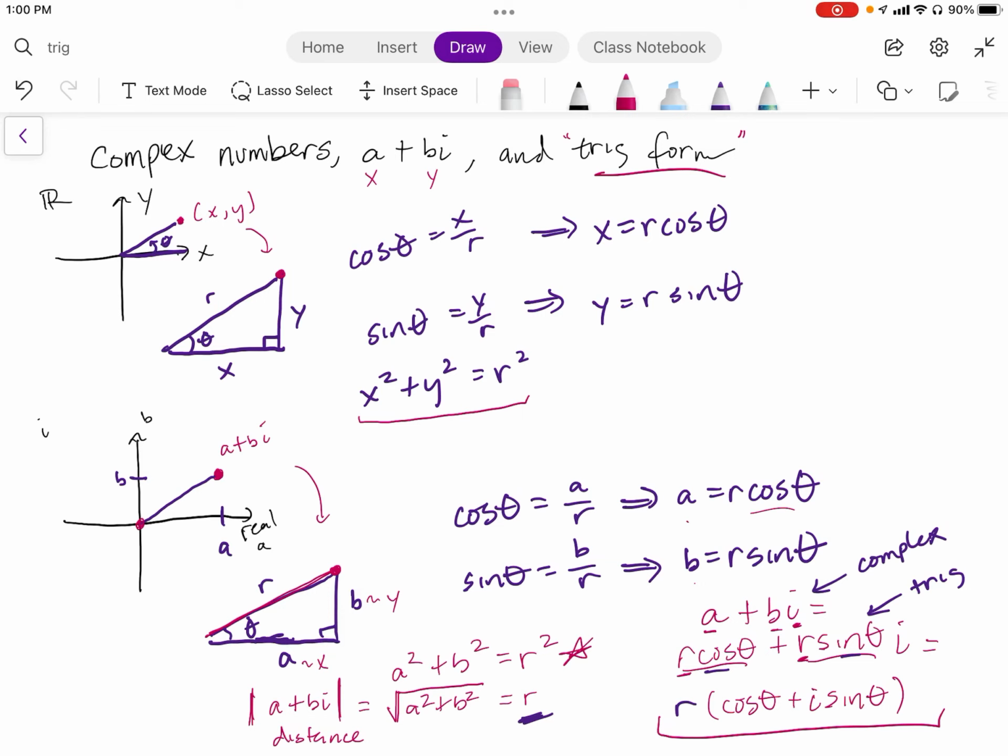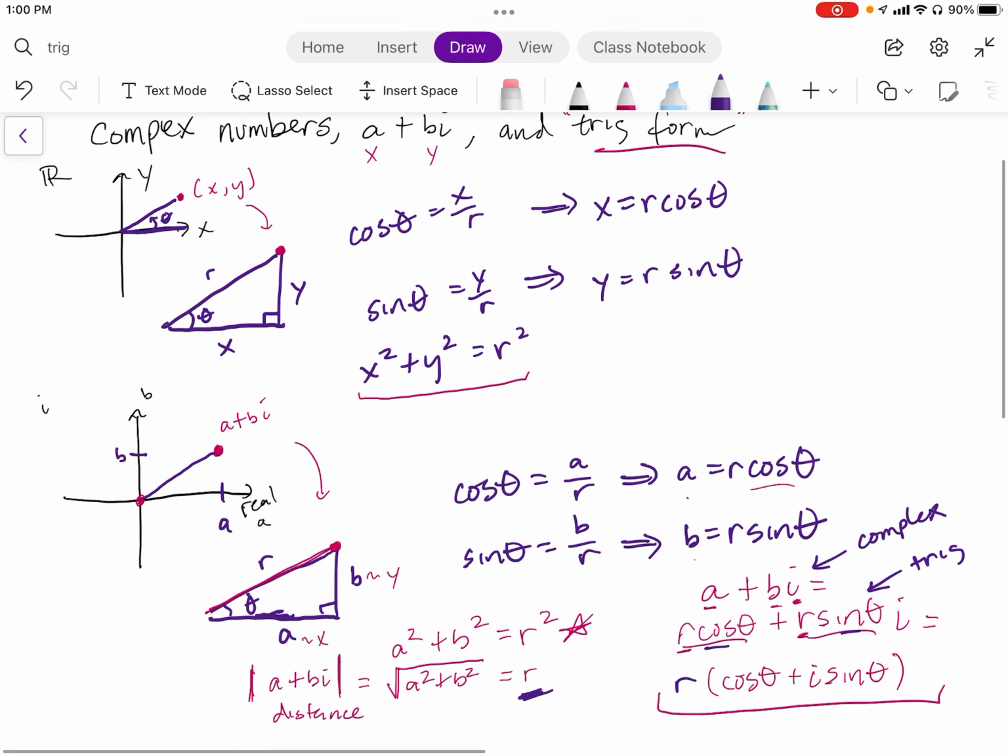Now, to end, topic for another video, but this really leads to polar, okay? Getting functions in polar notation, because polar only depends on these two things, R and theta, right?